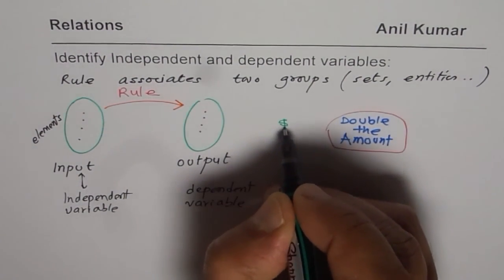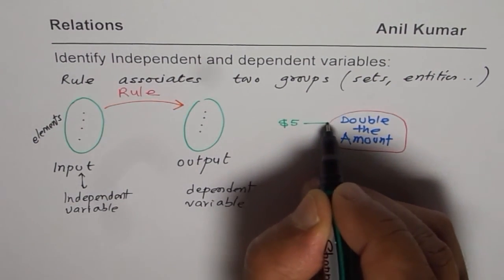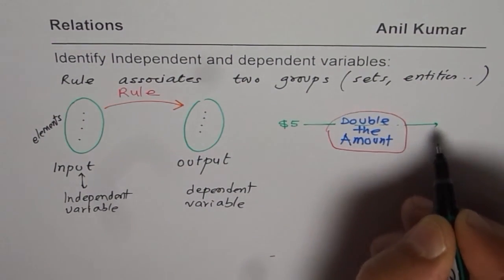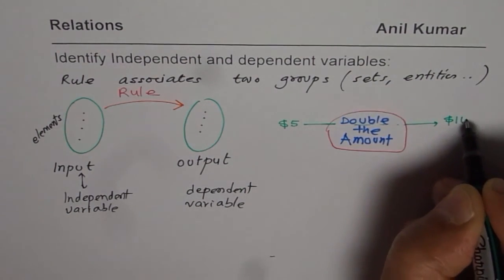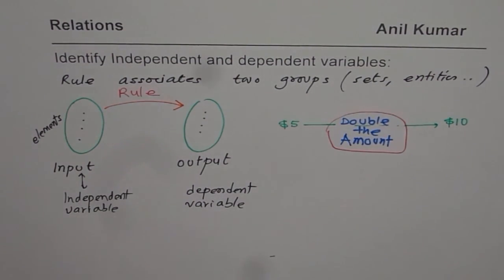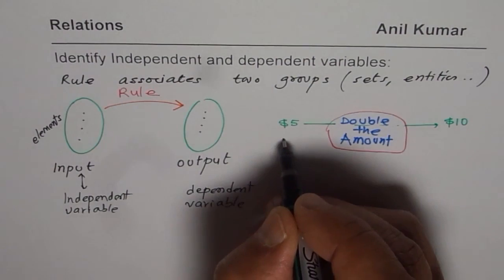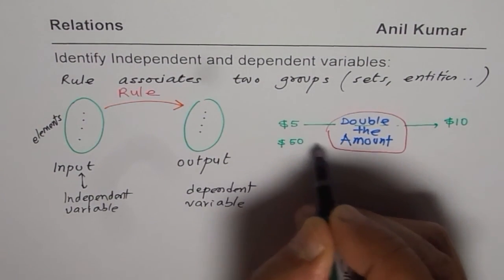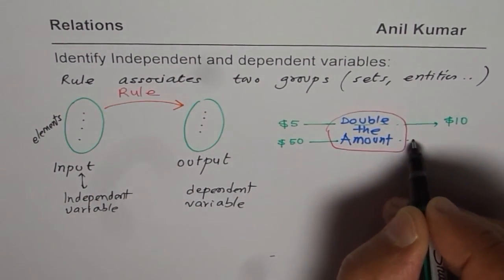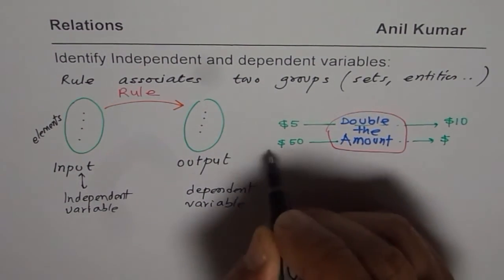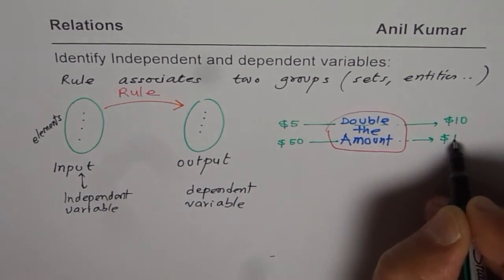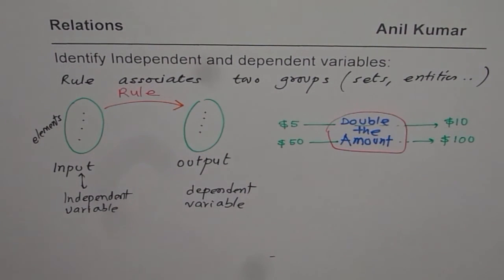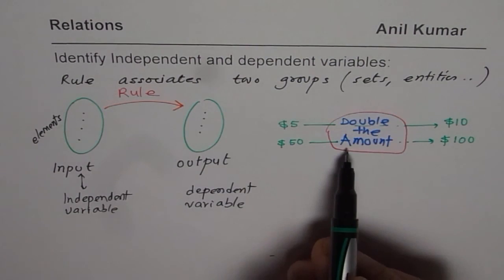That means if I feed in $5, then I should get out $10. That's good. Double the amount. So you can feed in anything. You could feed in, let's say, $50. In that case, what comes out is twice 50, that is $100. Wow. So there is no limit in this game. Whatever gets fed in, you get twice the amount. So that is the kind of relation.